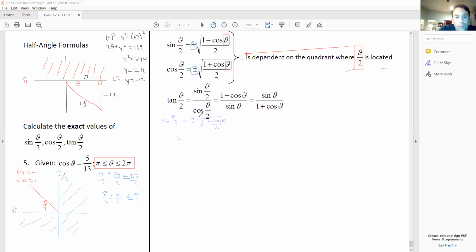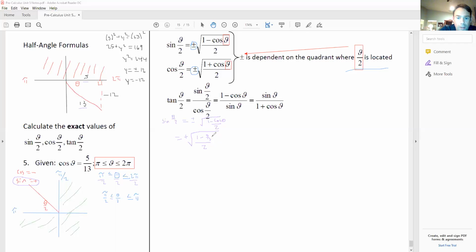So if I'm in quadrant 2, that means my sine is going to be a positive value. So I'm going to use the positive radical. 1 minus cosine theta is going to be 5 over 13, divided by 2.